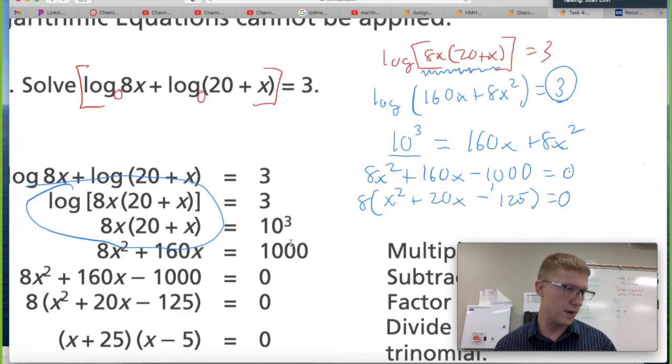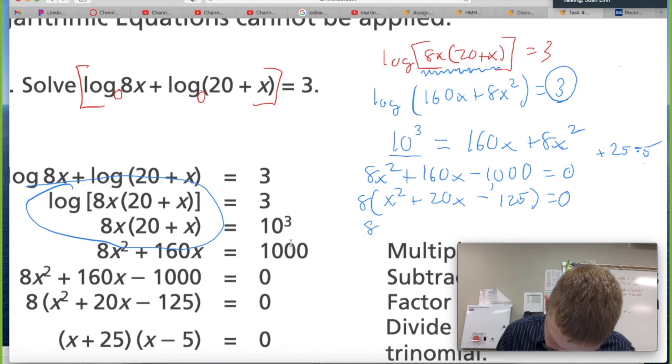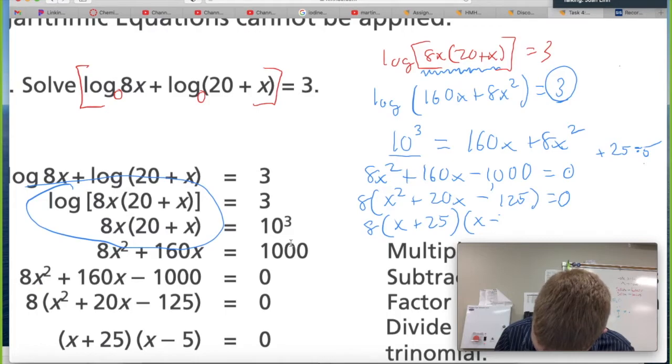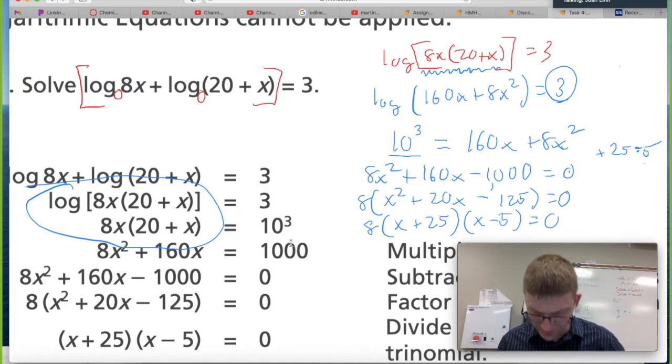So 125 divided by 5. Ha! Yes, I just guessed there. One of its factor pairs is 25 and 5. If we add the 25 and subtract the 5, we should be in good shape. So now we've got 8 times x plus 25, x minus 5 equals 0.